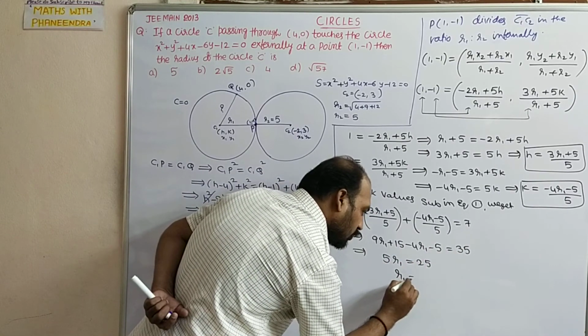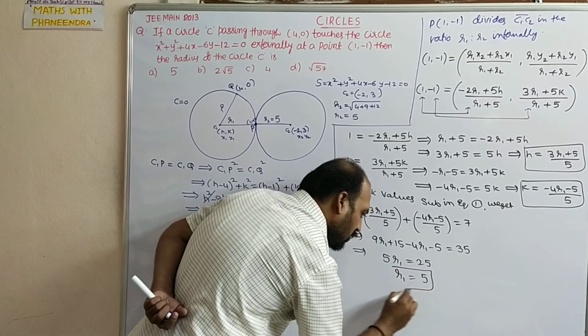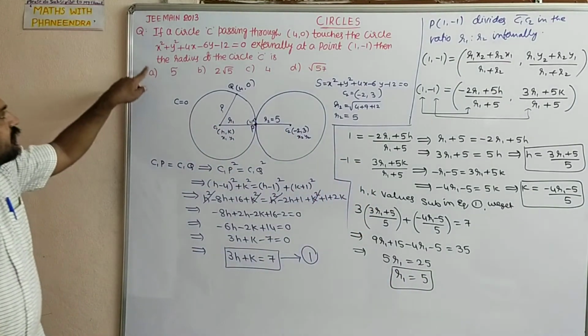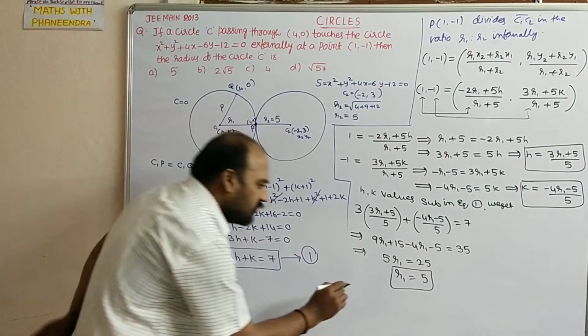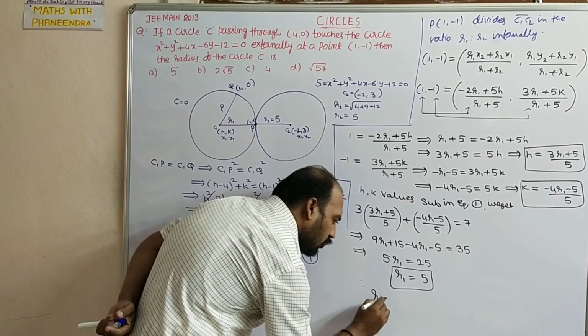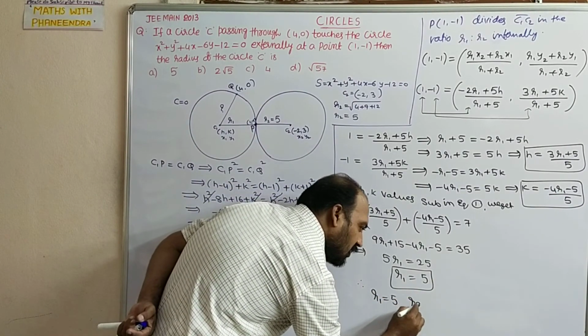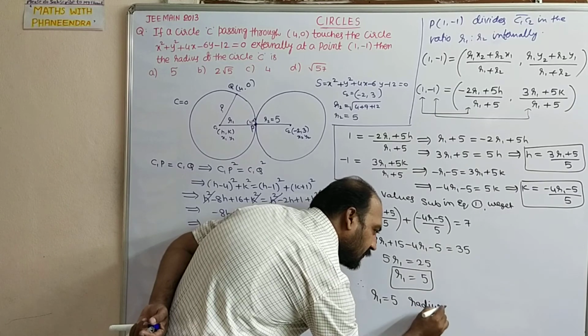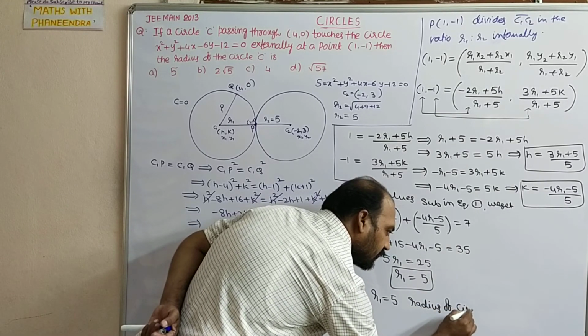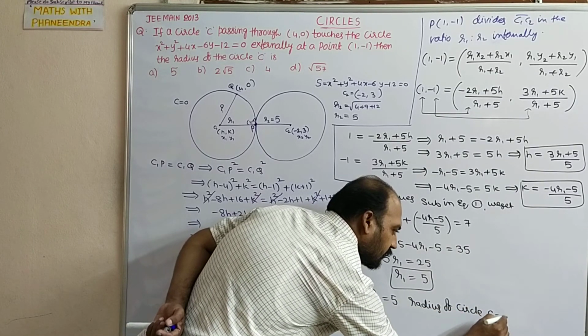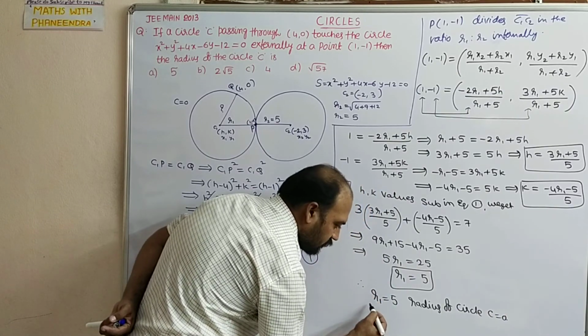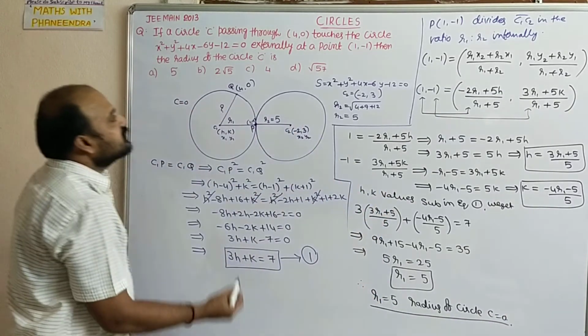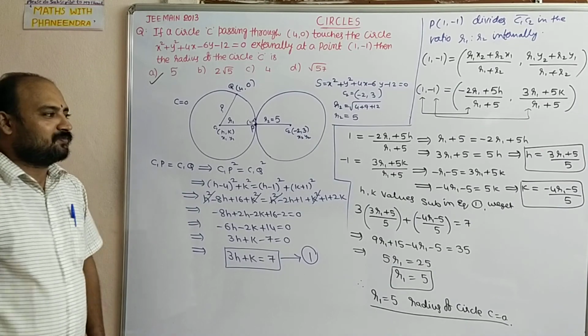So R1 is equal to 25 by 5. R1 is what? The radius of first circle C. Therefore, R1 equal to 5, radius of circle C. So it is there in the first option.